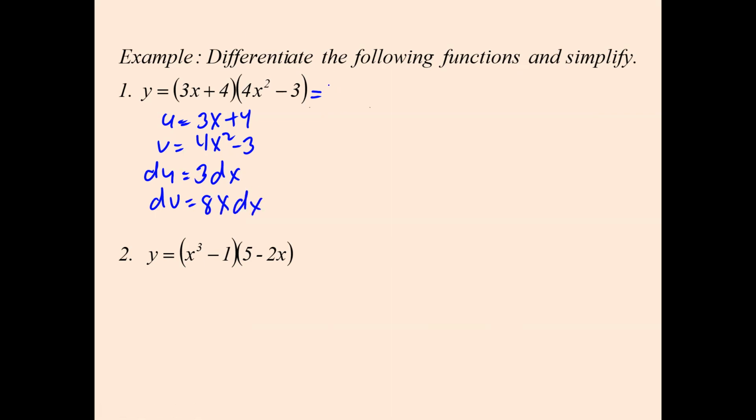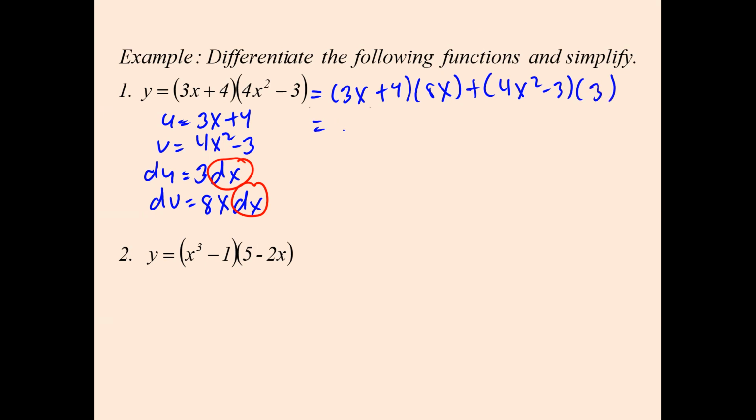So equals lang siya sa... So u dv, so u muna tayo, 3x plus 4 times dv, we have 8x. You don't need to write the dx anymore. Plus v du. So v is 4x squared minus 3, du is 3. Simplify, we need to distribute 8x and distribute 3.